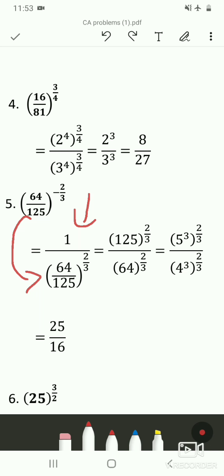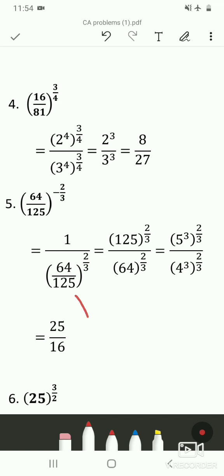So 64 divided by 125 whole raised to 2 upon 3. Here 2 upon 3 is your m. So we have used the negative index law. So then the denominator term is solved using the fifth law, that is a upon b whole power m, which is nothing but a power m upon b power m in the usual way.